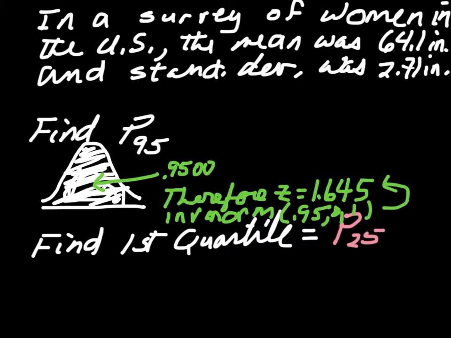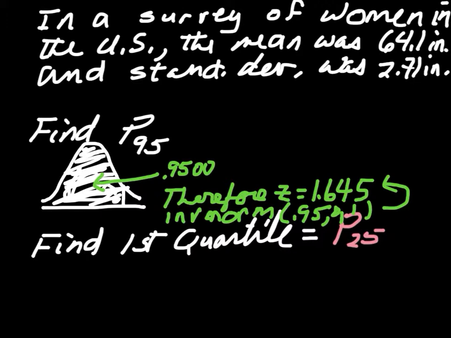So that gives me a z-score. All right? But 1.645 is nowhere close to 64.1 inches. All right? So what's the z-score telling me?